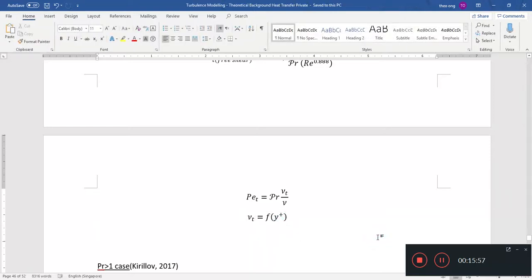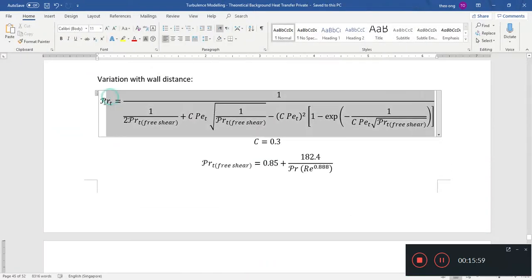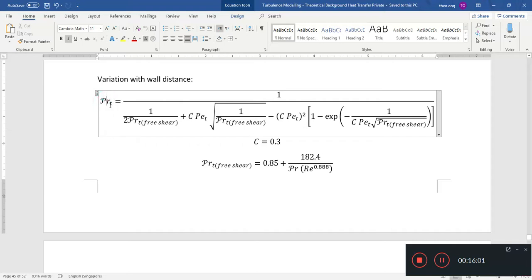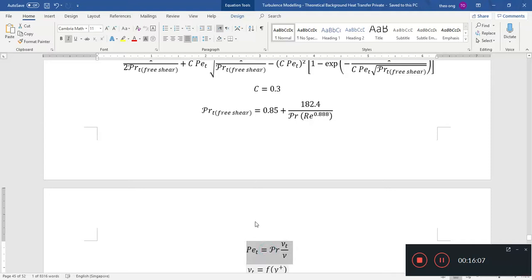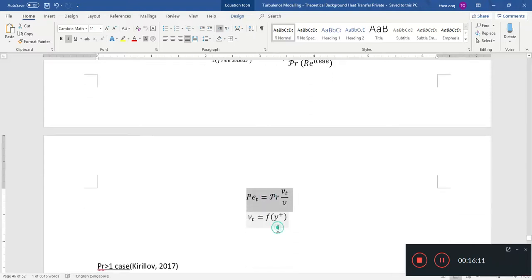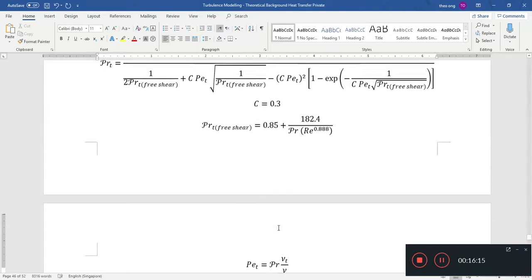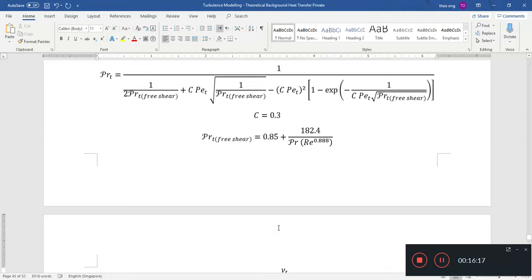So we can say that the turbulent Prandtl number is a function of nu t, kind of implicitly like this. So this is where the y plus dependence comes about. But I'm not going to go too much in detail over here because there are lots of models again.